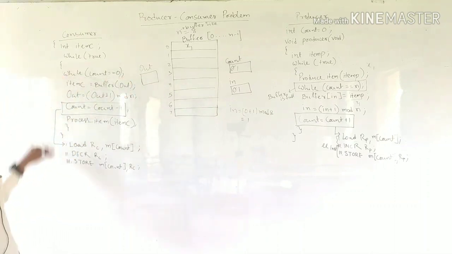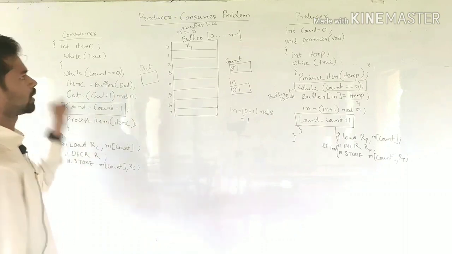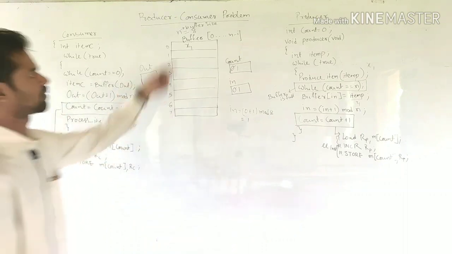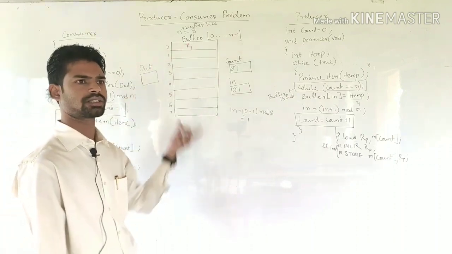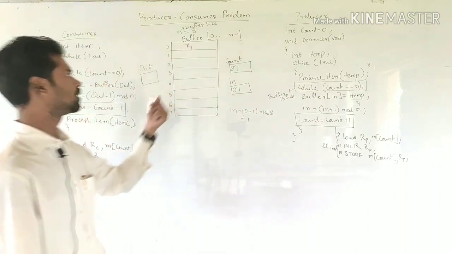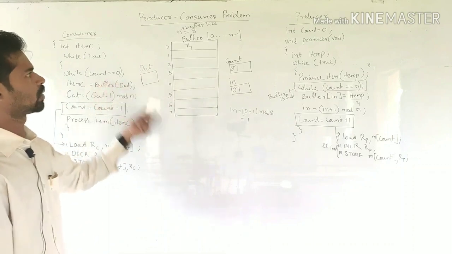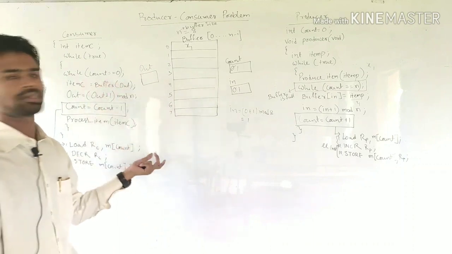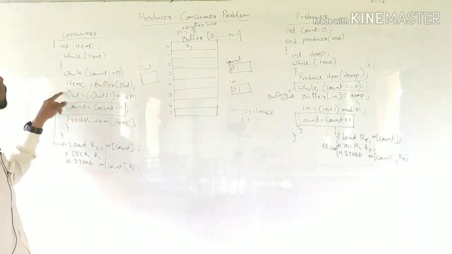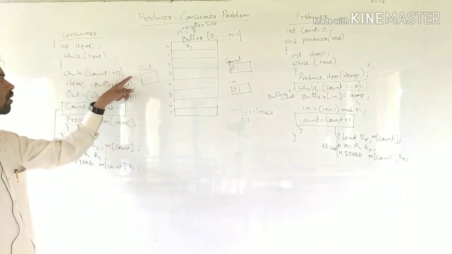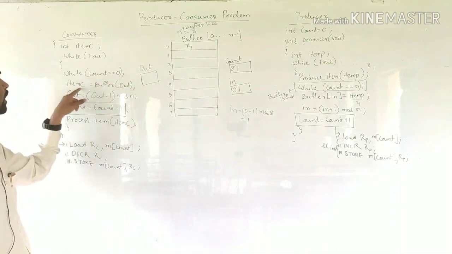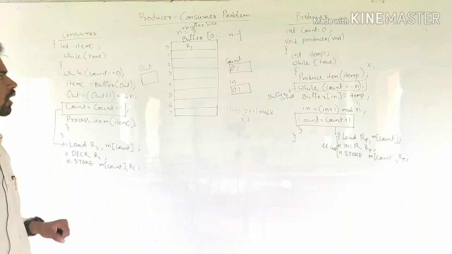No further statement will be executed. When count will be 0, if this buffer is empty, there is no item, then this will be 0. So consumer cannot consume any item. In this case this is false, so it will execute the next statement, item C equal to buffer out.